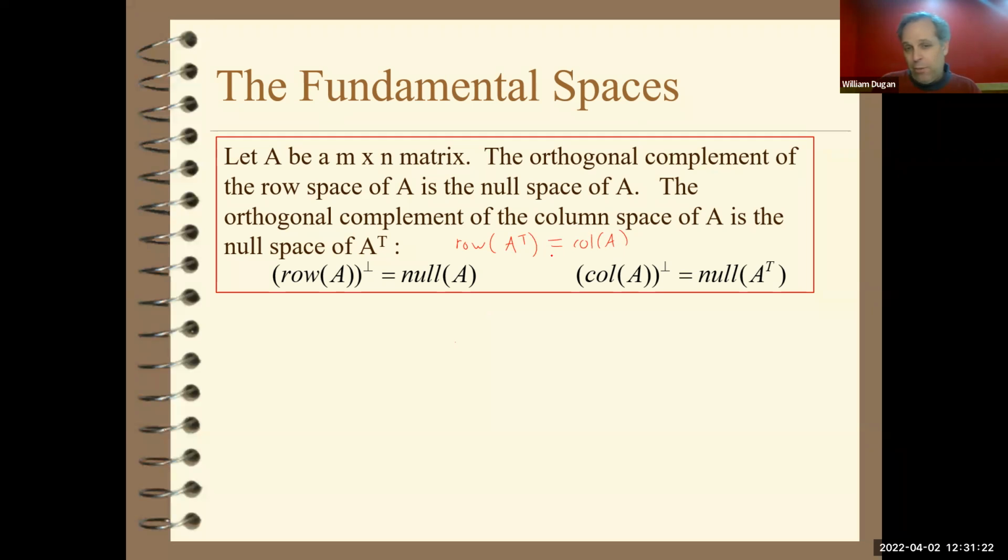The row space of A transpose is just the column space of A. So if statement one is true, then automatically this statement is also true. Just replace A with A transpose in the first statement, and it comes automatically.